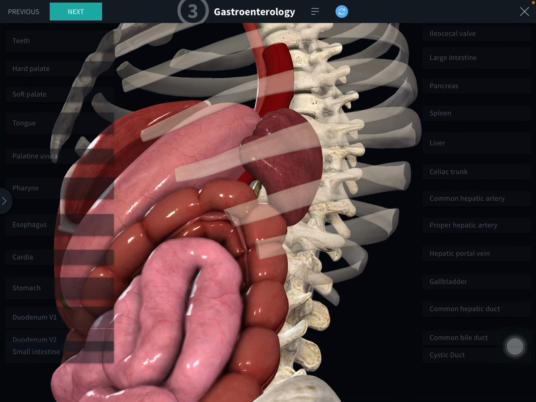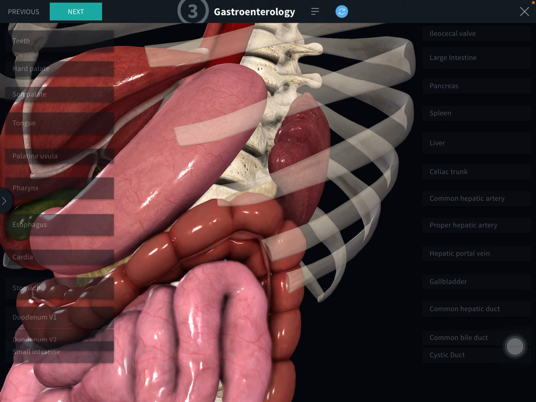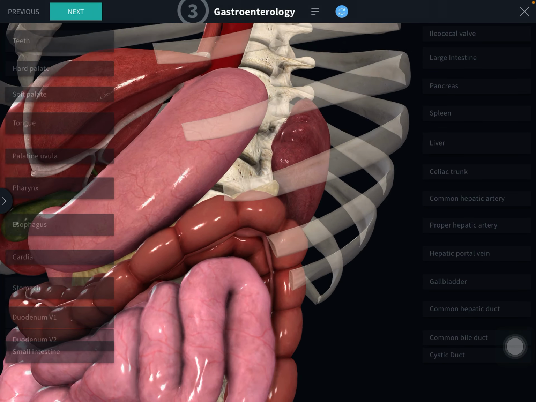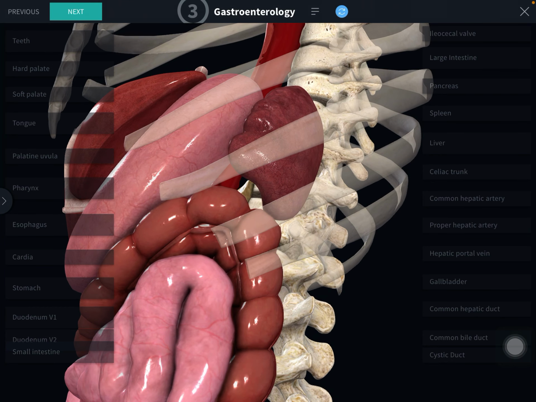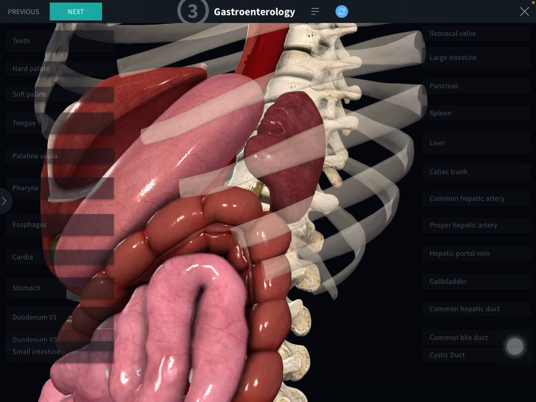In between, this is the lateral end. It is directed downwards, forwards to the left, related with the left colic flexure in front. So this is the left colic flexure, the junction of the transverse and descending colon, and behind with the phrenicocolic ligament below, which is not given in this.